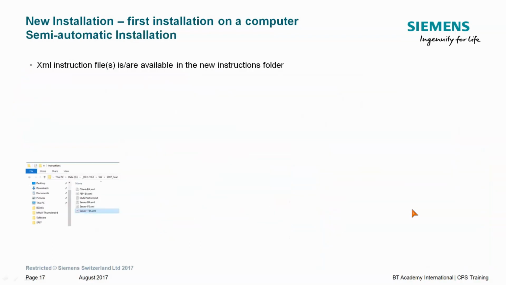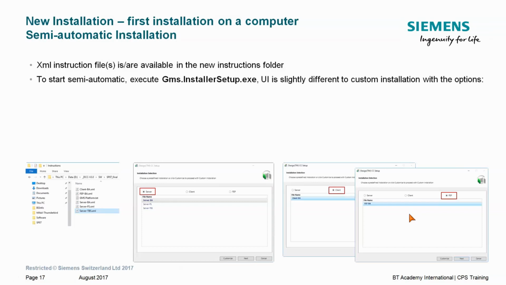The next step, let's talk about semi-automatic installation. So the requirement here is that at least one or several instruction files in XML format are available in this new instructions folder. The startup of this installer wizard is the same as we know it in the custom installation, but there is a slight difference.